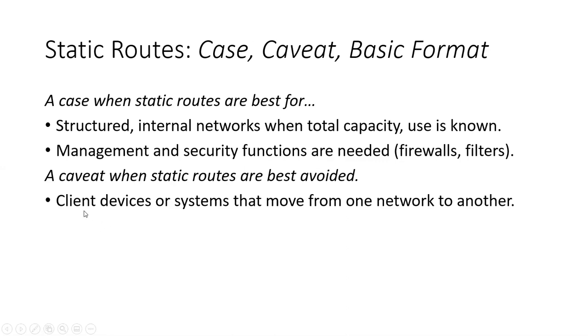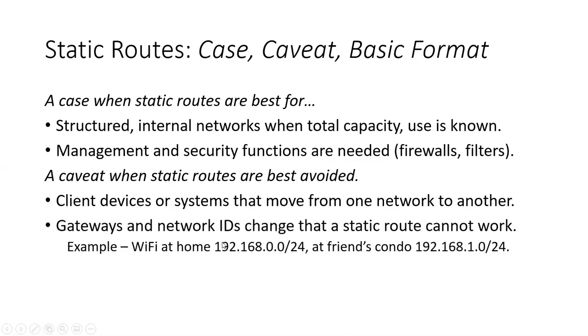If that helps solve a problem with connectivity, fine. But for most client devices and systems that move from one network to another, the problem is that the gateway and the network IDs change. And if you define a static route, it's executed every time you turn on the computer or device. So if you're on the Wi-Fi at home working with a 192.168.0.0 subnet, and you go to your friend's house, they may have a different brand of wireless router.